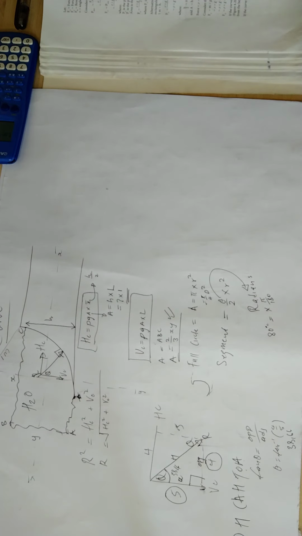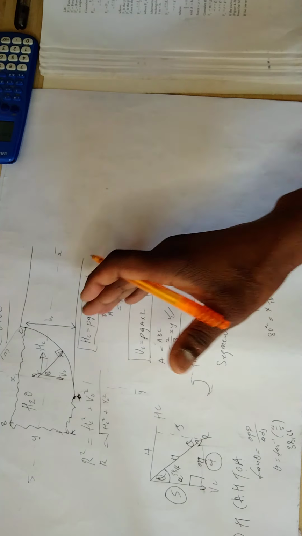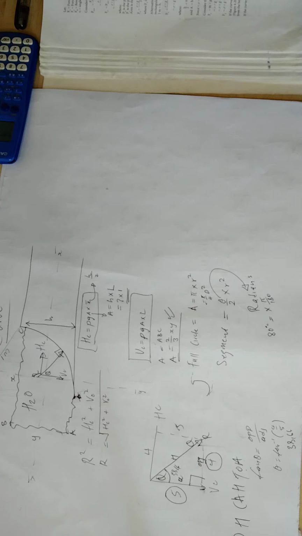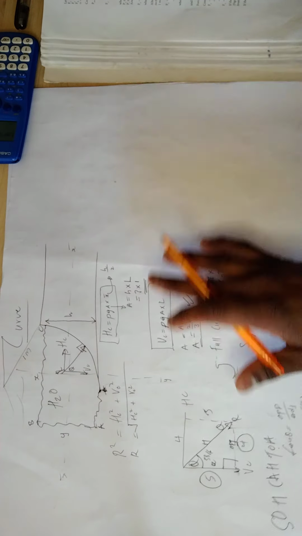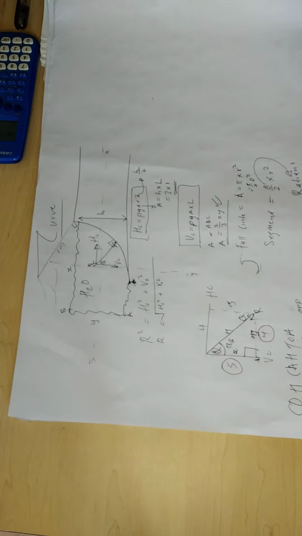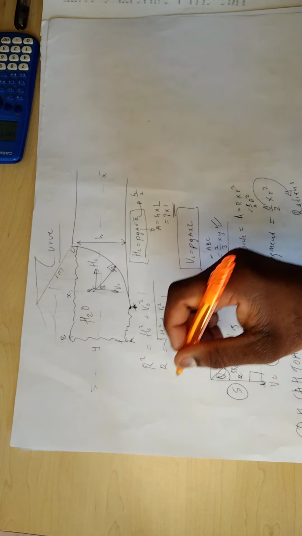So the curve is not really stressful if you know these things. Mind you, on a curve, sometimes they can bring a curve that looks like this. Let me show you here.